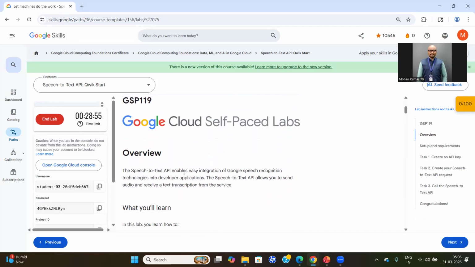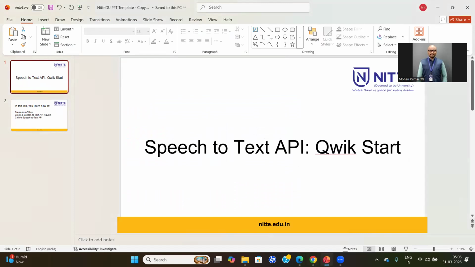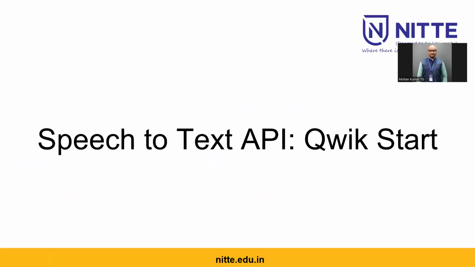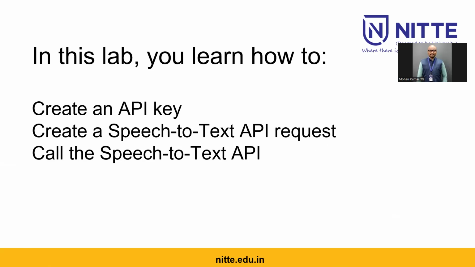The speech to text API enables easy integration of Google speech recognition technologies into developer applications. It allows you to send audio and receive a text transcription from the service. This is the API we are going to use from the Google Cloud Service options.